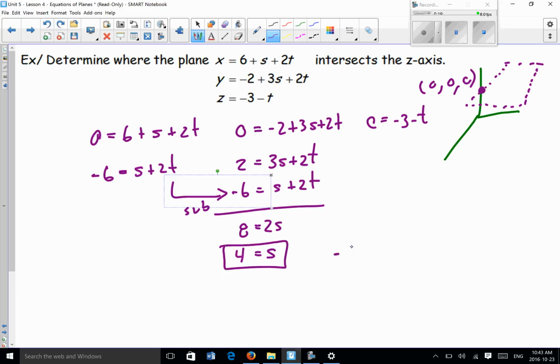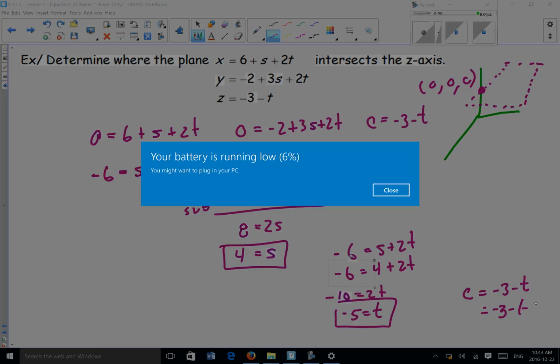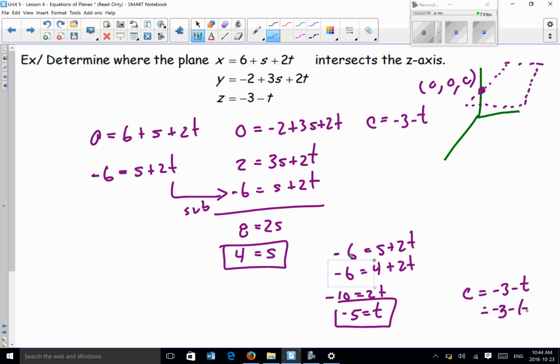Go back to one of my originals. Let's write down the first one again. So negative 6 equals 4 plus 2t. Negative 10 equals 2t. Negative 5 is t. And now I can find out what c equals. c equals negative 3 minus t, which is negative 3 minus negative 5, which is 2.